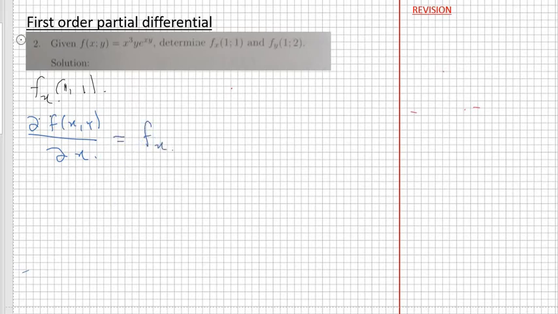So they simply want you to derive this function with respect to x. All you need to do is you're gonna have to treat your y as a constant. The function is x cubed multiplied by y to the power of e xy. So how can you derive this function?